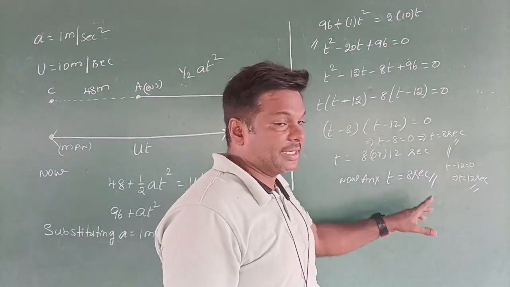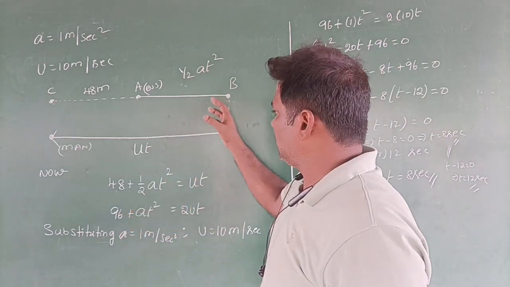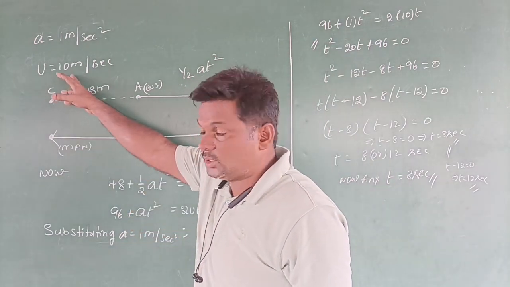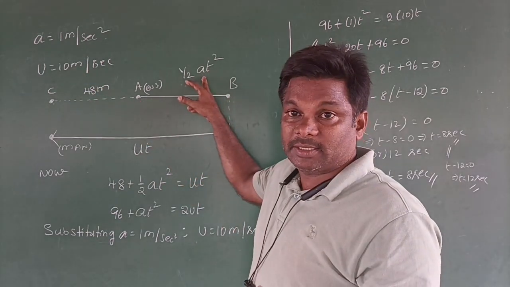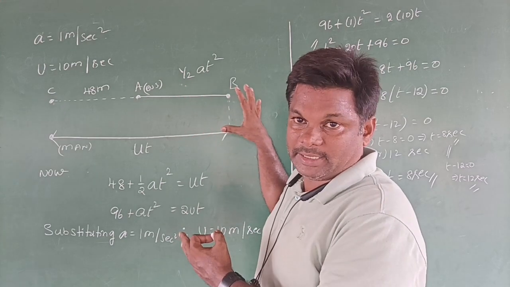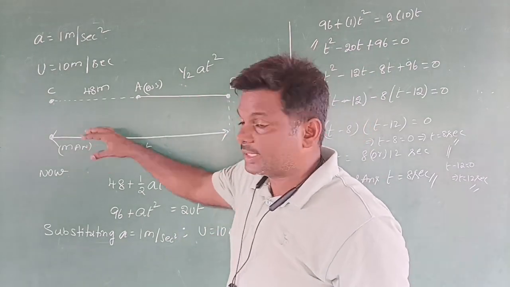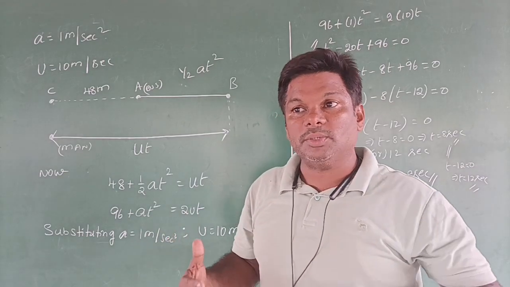So t is equal to 8 seconds is your answer. So after 8 seconds, the man running with the speed of u is equal to 10 meter per second, and the bus accelerating with a is equal to 1 meter per second square, they will meet, or he will catch the bus after t is equal to 8 seconds.